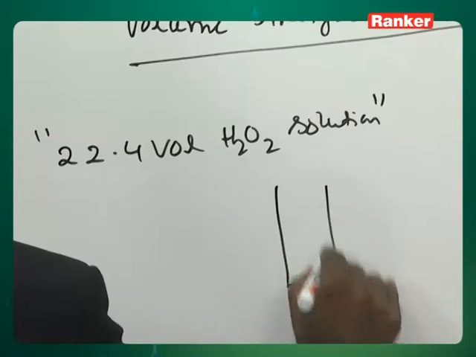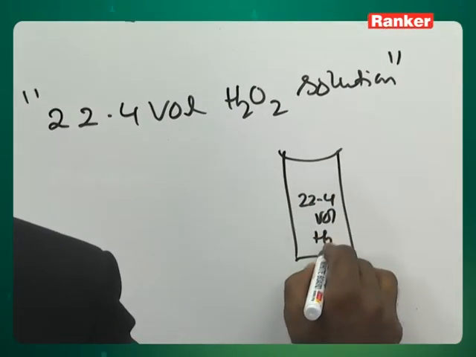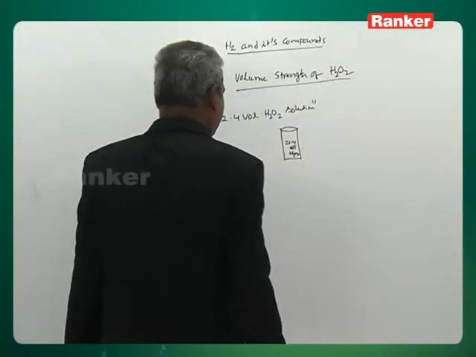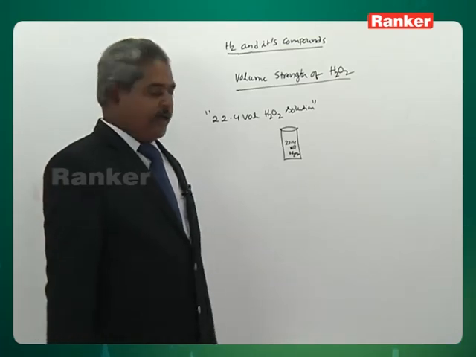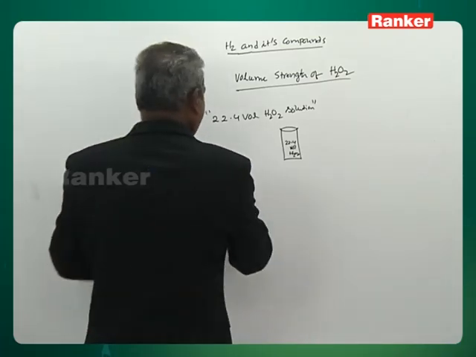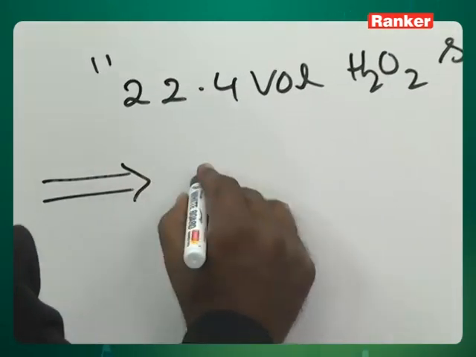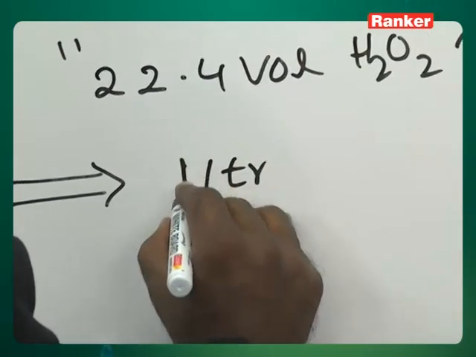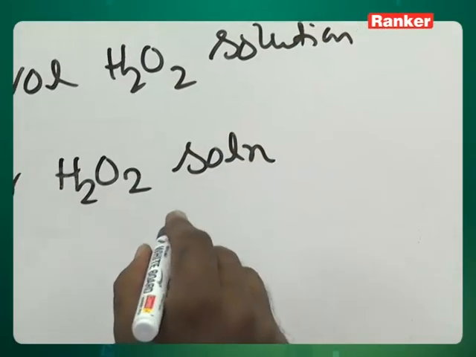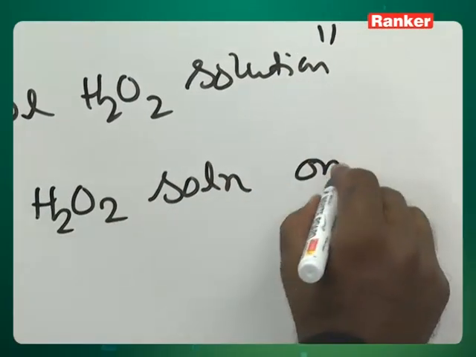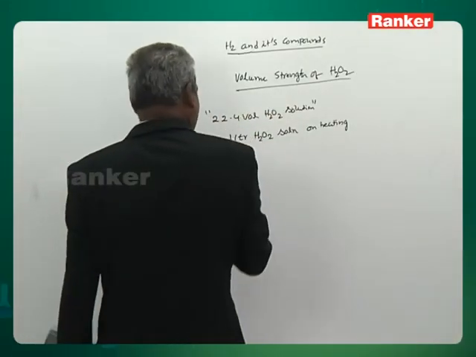22.4 volume H2O2 solution. Somebody says it is 22.4 volume. A bottle is labeled as 22.4 volume H2O2. There is a label on a bottle. What does that mean? 22.4 volume H2O2 solution means 1 liter H2O2 solution, on heating, you take 1 liter and you heat it.